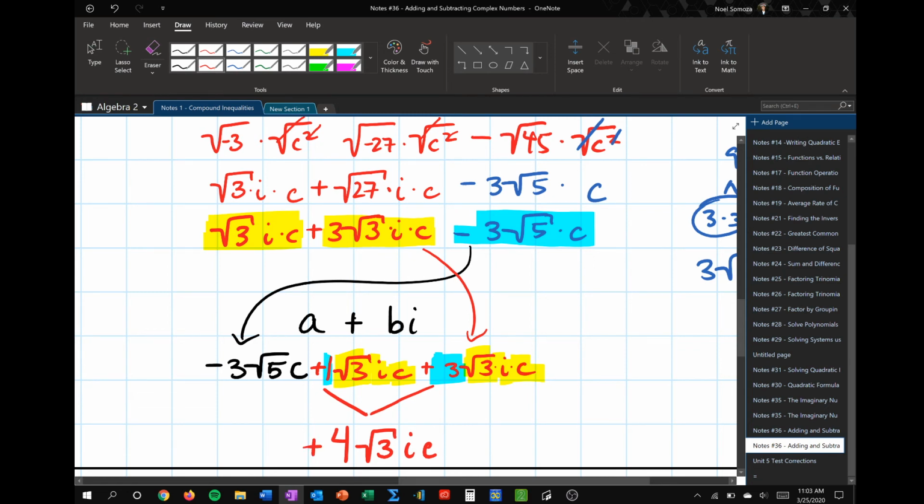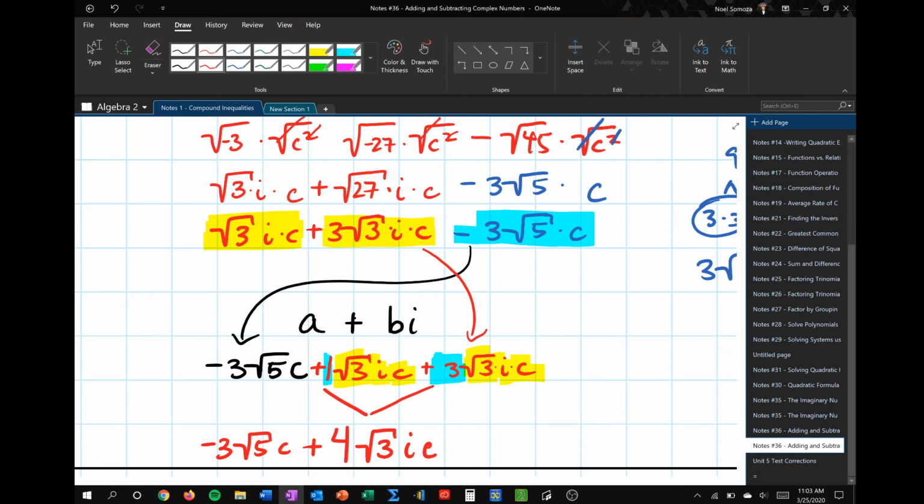And then I can bring down the negative 3 root 5 c.